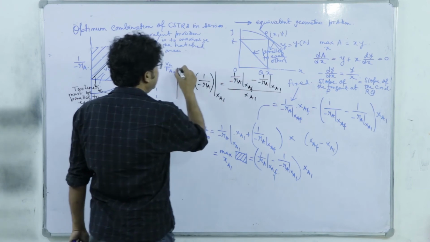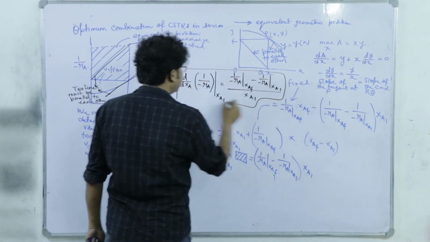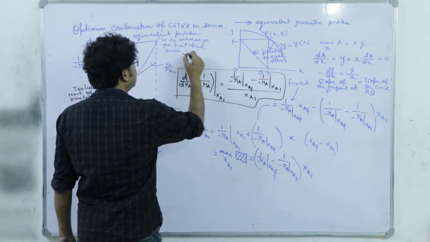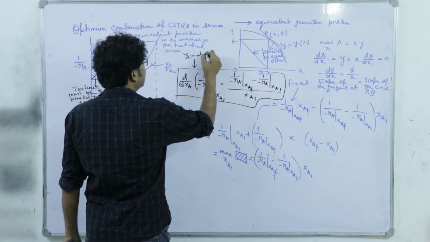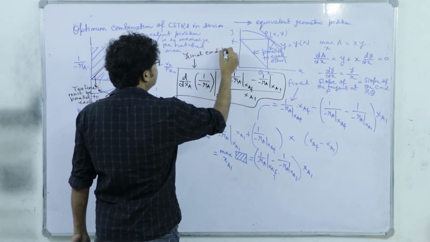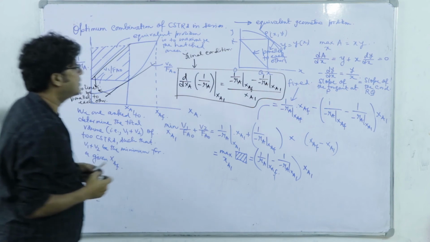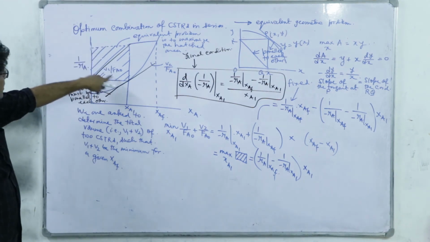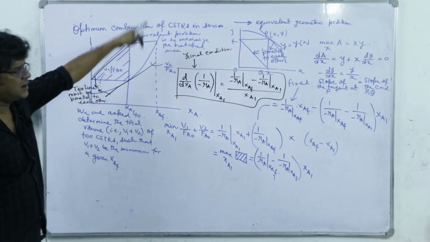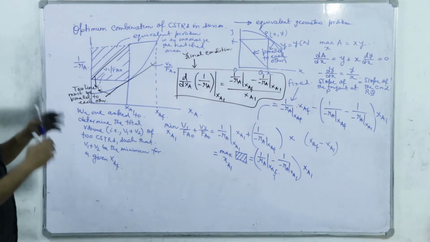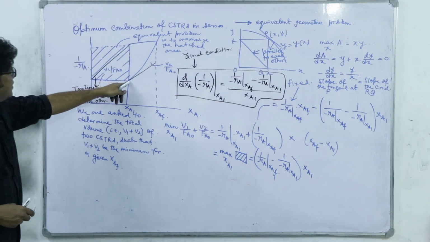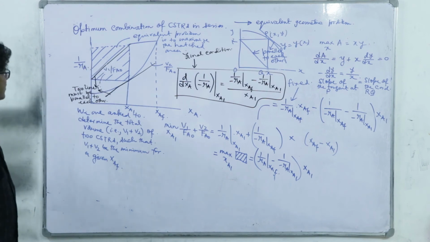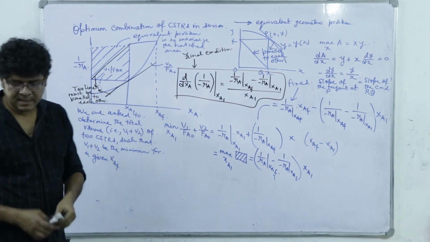So, that is the condition we have to establish here. So, this is the final condition, right. So, if it is a stage with multiple reactors, everywhere this tangent and this chord must be of the same slope, that means they must be parallel, right.